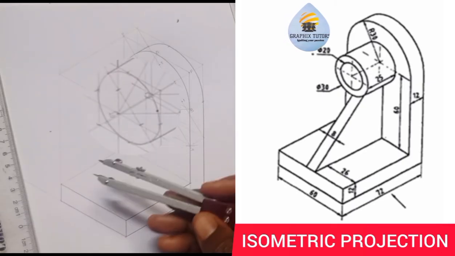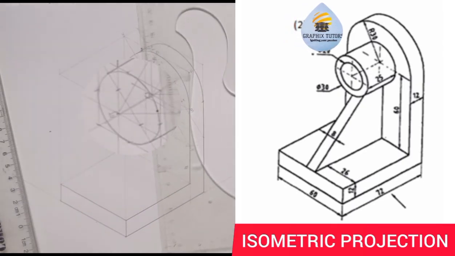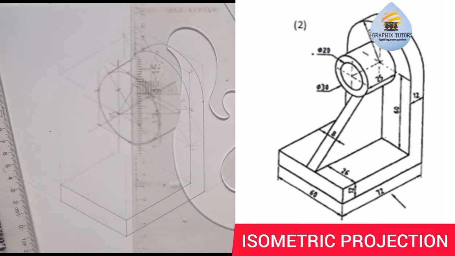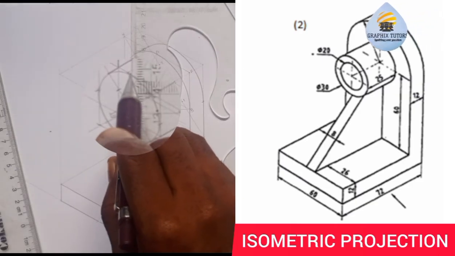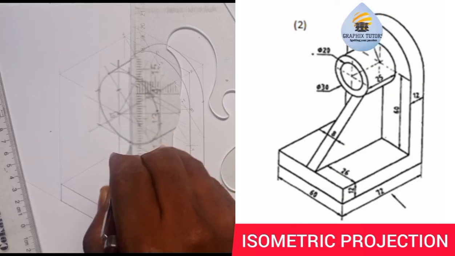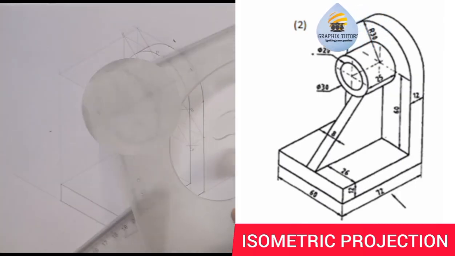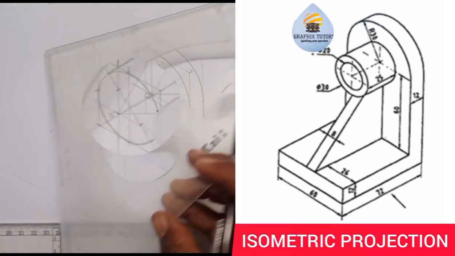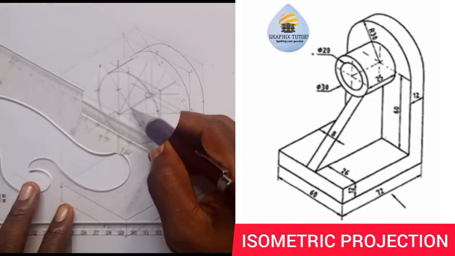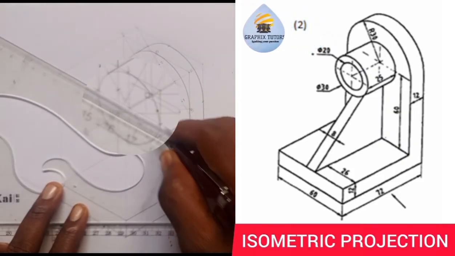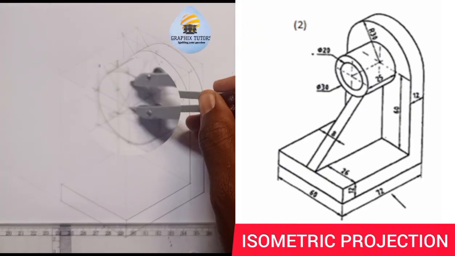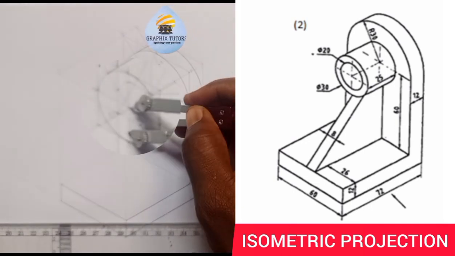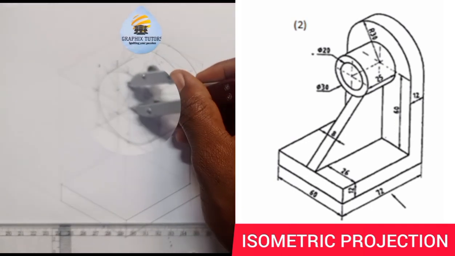Before I even do that, I'll take my set square and draw vertical lines across the center points like this, and this, and this. Can you see that? So I can now take the radius of 10 and place it here, then mark 10 up, 10 down.